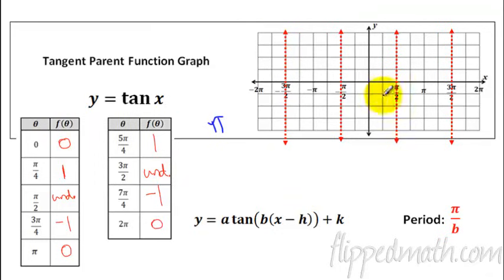All right, next, let's plot some points. So I've got 0, 0, and I have pi over 4 and 1. And then let's keep going here. I have undefined, so that's my vertical asymptote. 3 pi over 4 and -1. Pi, 0. 5 pi over 4, 1. And then you continue the pattern. So what is going on with this graph? I'll show you here. Let me finish getting these dots.